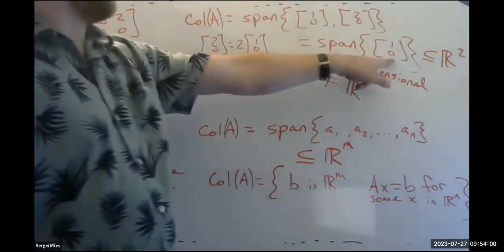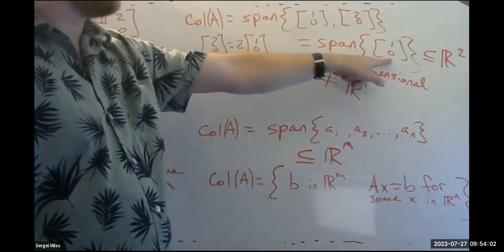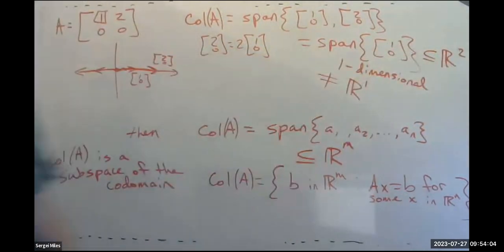Just as while this is a line that exists in R2, it's not R1 because it is a line in R2, right? R1 doesn't exist in R2. R1 is just a line. There is no plane to put the line on. It's just a line. So when you have a line in R2, that is not equal to R1. It's a separate one-dimensional space.